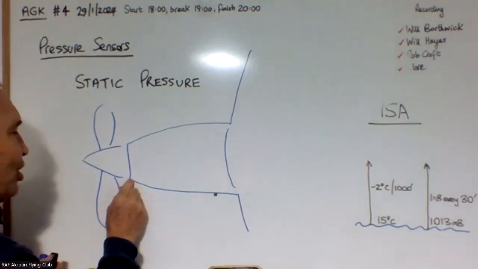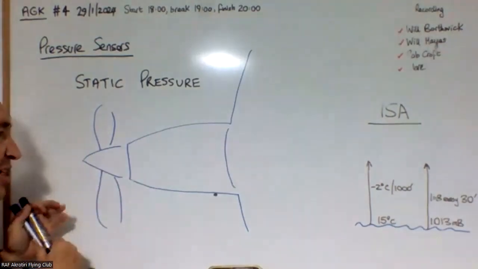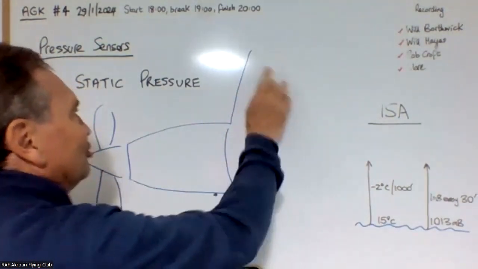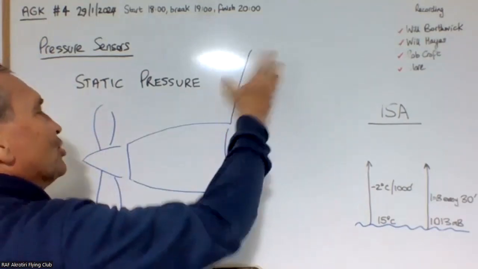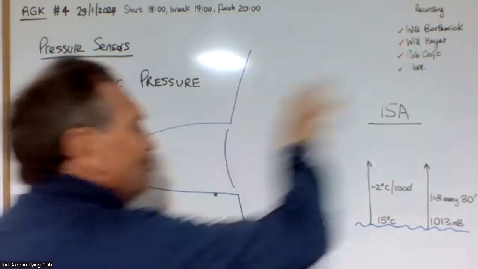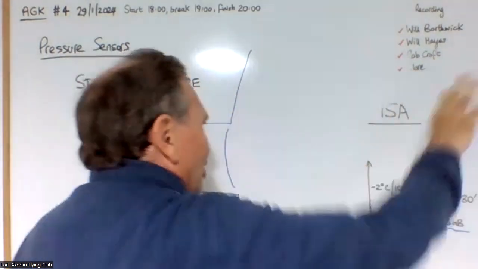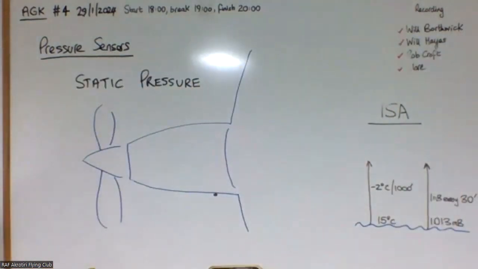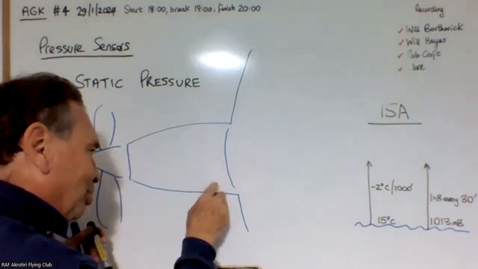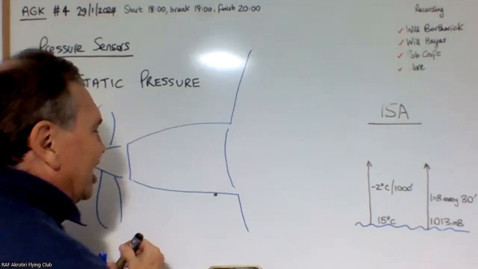Obviously, you can't measure the pressure here because you're going to get the ram air effect and the propeller airflow. You can't measure the pressure here because you've got lift force and reduced pressures from lift, and you can't measure it beyond the wings because you've got turbulence produced by the wings. So you've got smooth air at this point here, and this represents a very good place to sample the air.